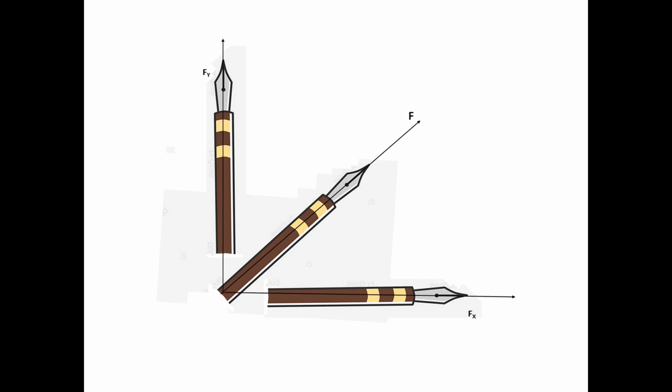So like that, the projections of force F: x-axis projection Fx, y-axis projection Fy. Sometimes these projections are towards the positive x-axis, sometimes the negative x-axis. If the direction of projection Fx is towards the positive x-axis, Fx is a positive projection. If it is towards the negative x-axis, Fx is a negative projection.